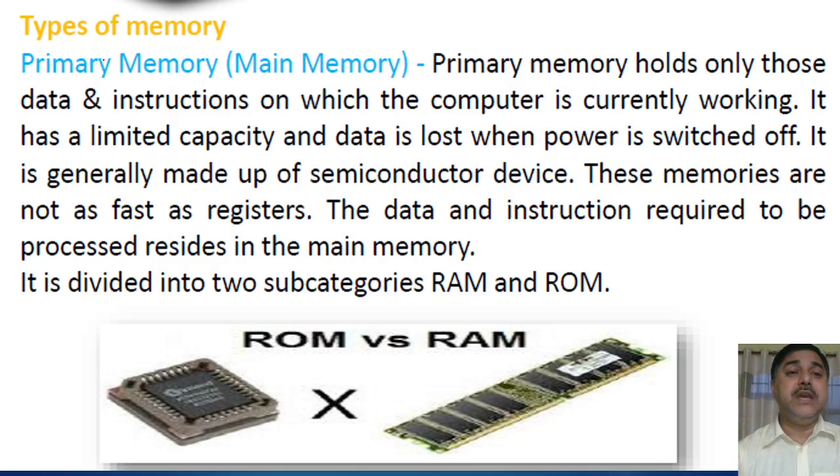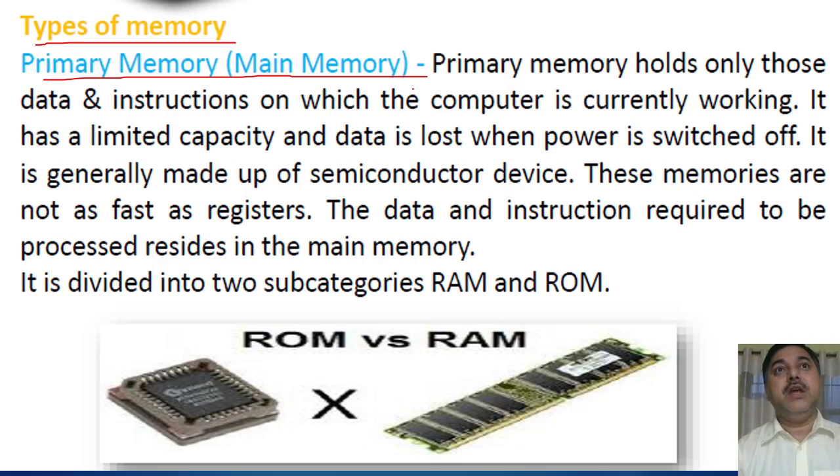We see here the types of memory, that means we have the primary memory or the main memory. For each section of the memory, we are working on this particular part.